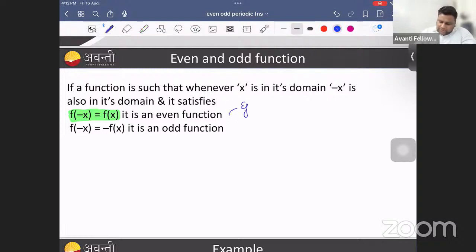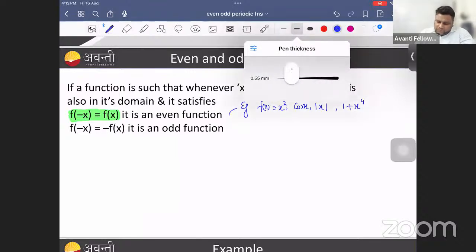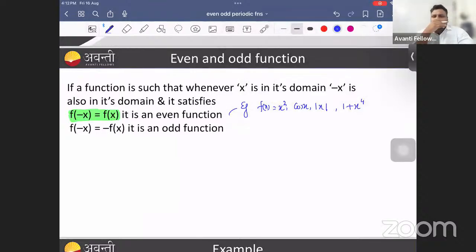For example, f(x) equals x squared, f(x) equals cos x, f(x) equals mod x, f(x) equals 1 plus x raised to the power 4. They all are examples of even functions.